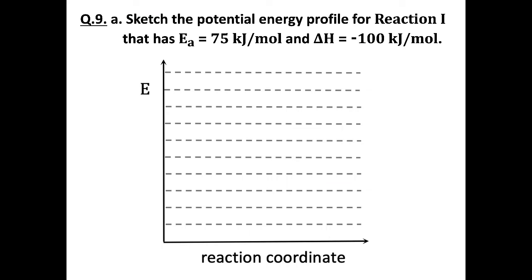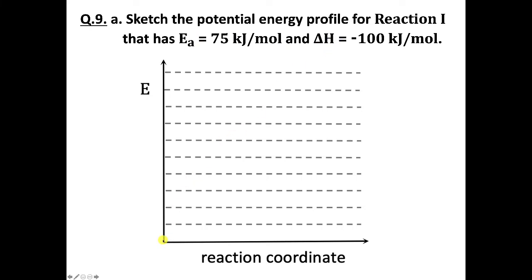All right, so we've dealt with activation energy, how to determine it from temperature rate constant data. Now let's take a look just kind of conceptually at what these potential energy profiles look like for reactions, where we now incorporate activation energy and enthalpy change for the reaction. So give this a try.